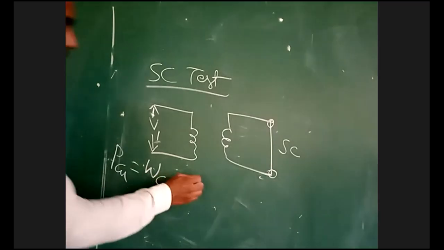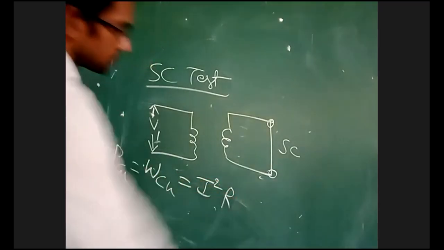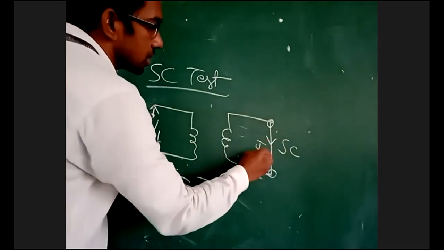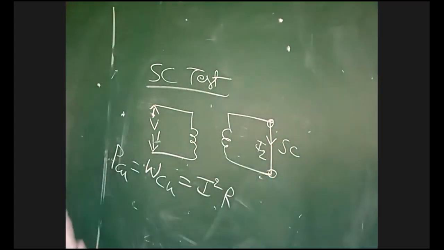The formula for copper loss is I square R. So in short circuit, current will flow. How much current do you have to apply?